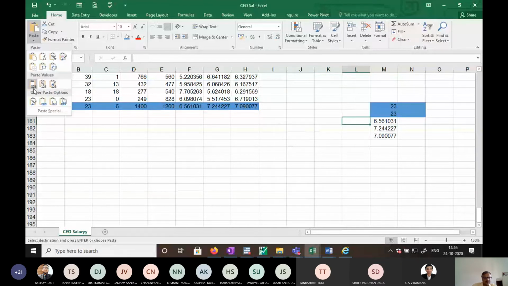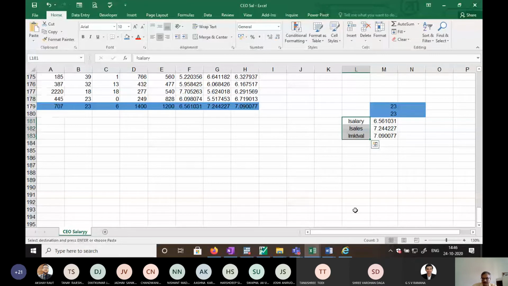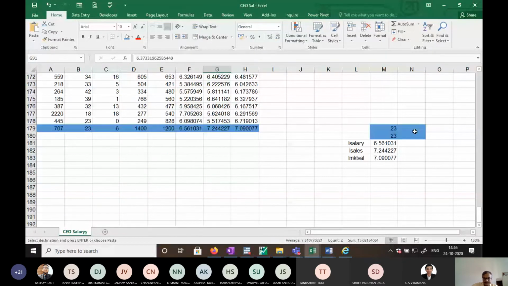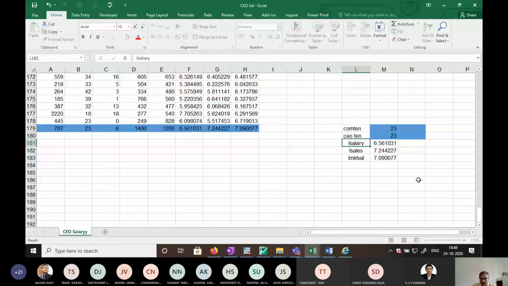So I have to just quickly use the model. I have to tell a few things to you. This first was CEO, company tenure, CEO tenure. So this I've got, and I don't know why this is 6.